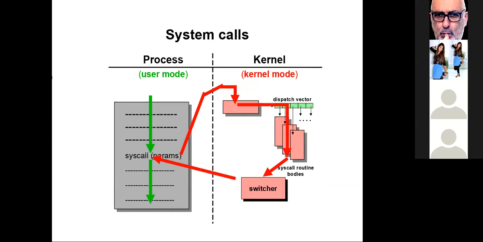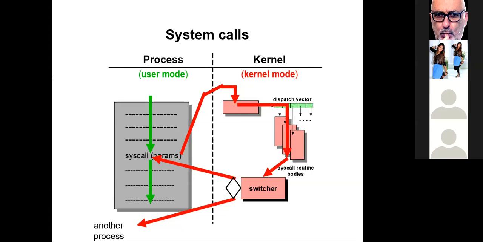The switcher not always returns the execution to the process. Sometimes it takes another decision. For example, and in general the most frequent decision is to stop temporarily the process in execution and to run another process.